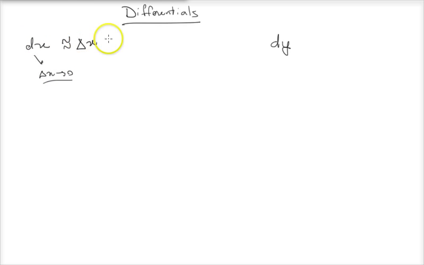So very, very tiny changes. And dy, I should say, is analogous to a change in y, but when that change in y approaches 0. And so on a two-dimensional graph, we can make this dx correspond to a little tiny change in width, and the dy corresponds to a little tiny change in height.